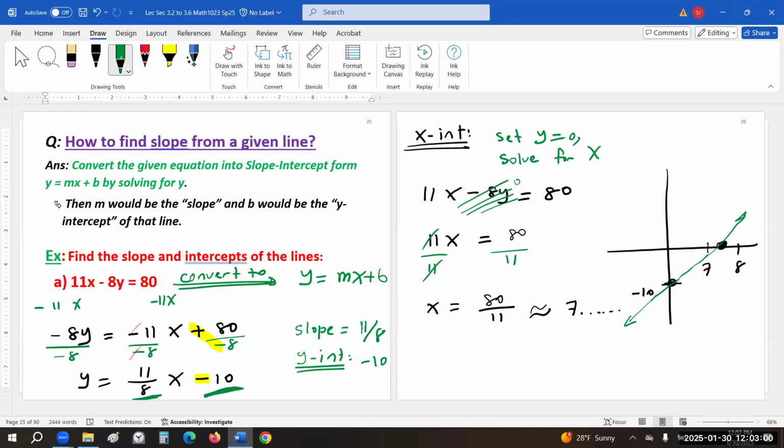For some reason, my lines are never straight, but assume they're straight. And guess what? This is another final question. You have to find the slope and intercepts from a given line, or only the slope, in the final exam.